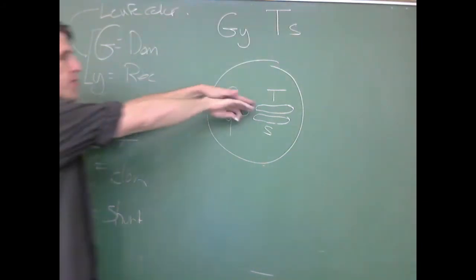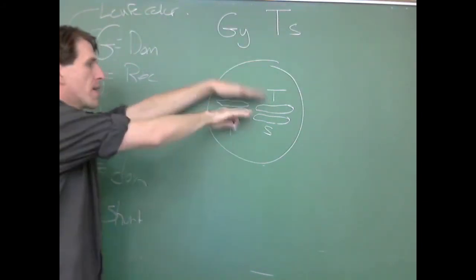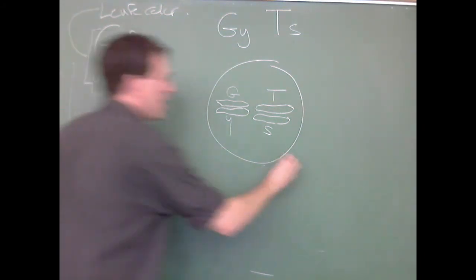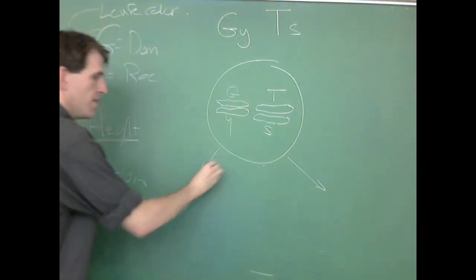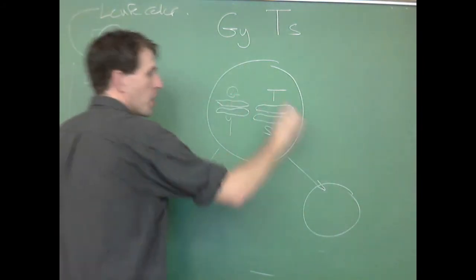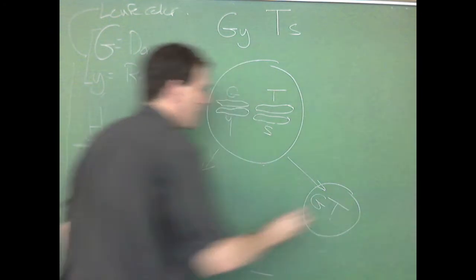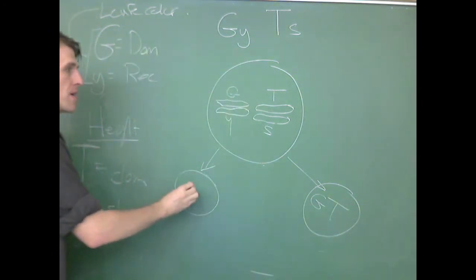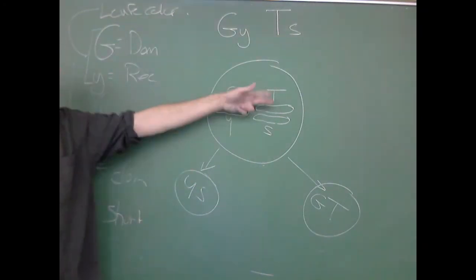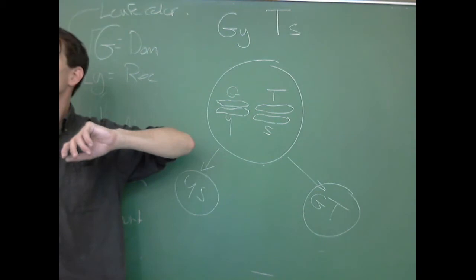If these were to split, what kind of gametes would they form? One gamete would have green and tall, right? The other one would have what? Yellow and short. Now, remember we said that which side these wind up on is randomized?